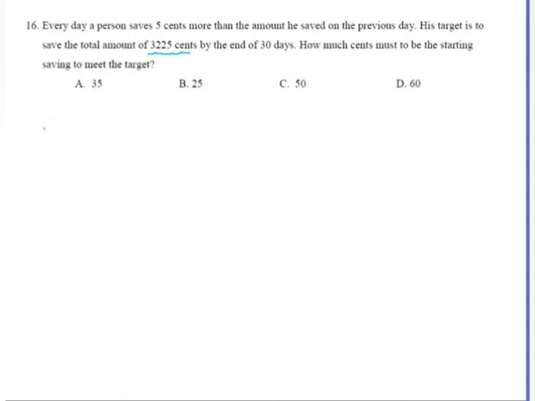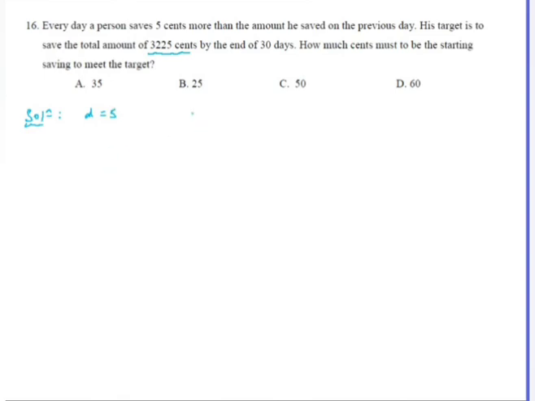So this person is saving 5 more cents than what he saved on the previous day. So the saving amount has a pattern of an arithmetic sequence. So we consider the common difference to be 5.